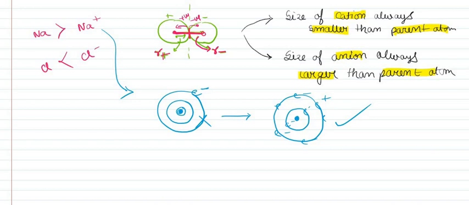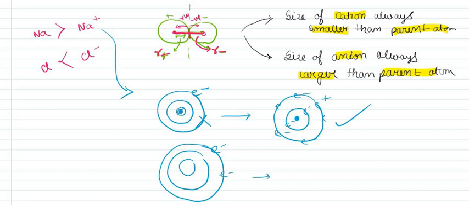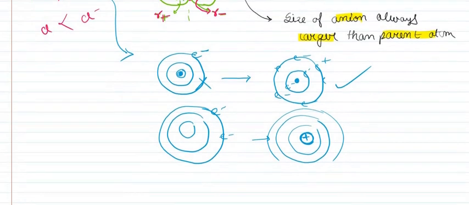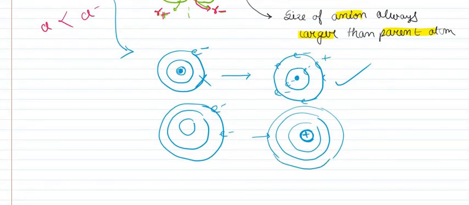Similarly, in magnesium there are 2 electrons outside. If we take out one, the positive charge in the center remains the same, but the number of electrons it has to hold has decreased. So it will pull the electrons with more force than if there were 2 electrons to balance this force out.